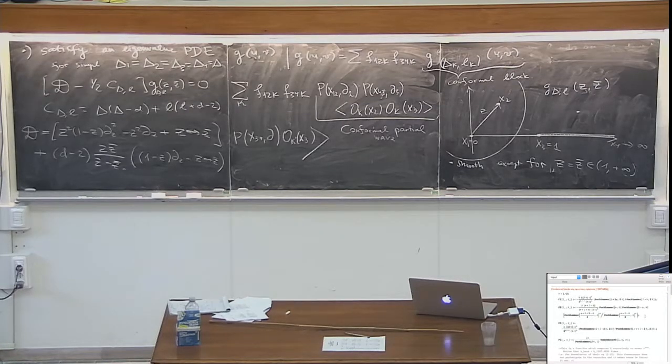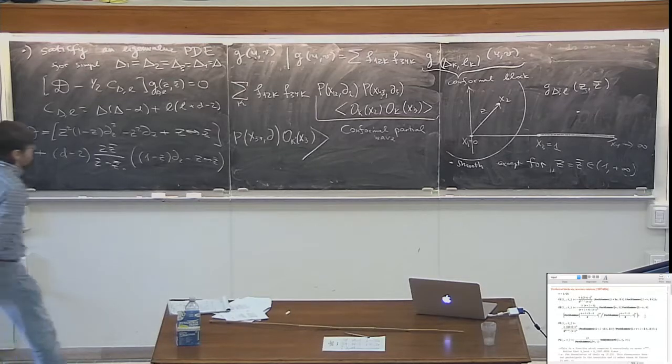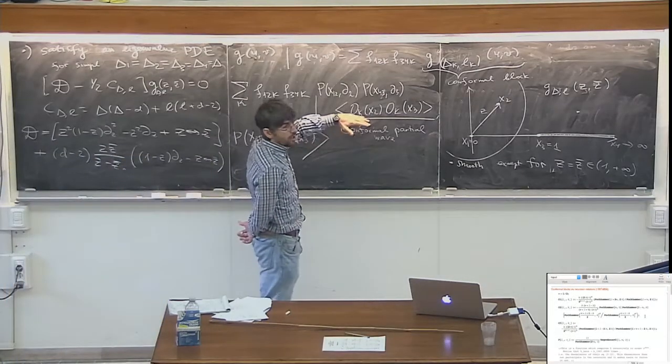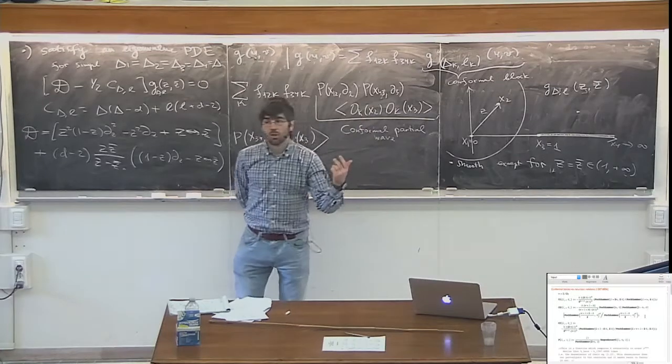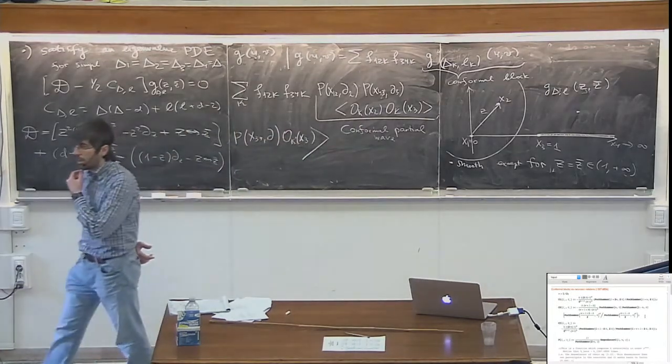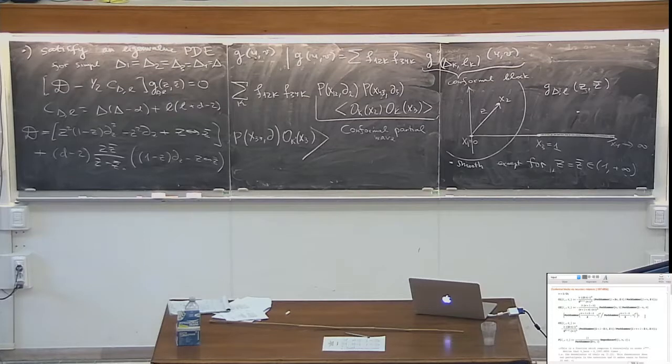But now you can act with the same Casimir not on the primary operator O_k which is exchanged in the OPE, but on the external operators O1 and O2. O1 sits at the point x1, O2 sits at the point x2. When every conformal generator acts on the operator O1, it gives you a certain differential operator, and on O2, another differential operator.